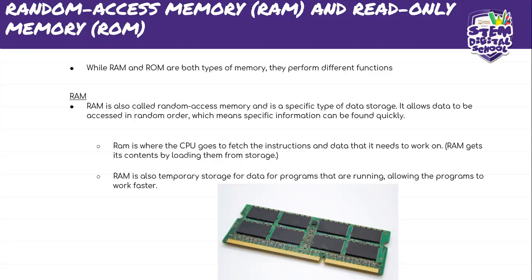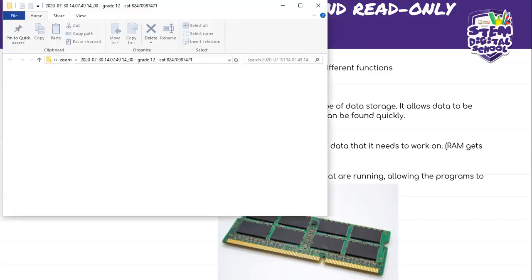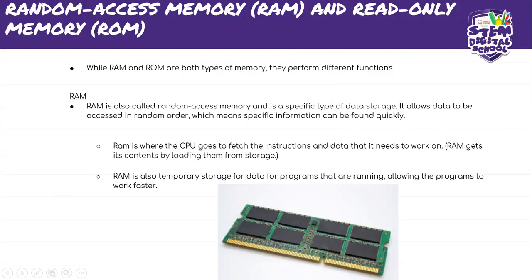As a user, when you are using a program, say when you are using Word, you want to type, you are typing, these instructions are saved on the RAM. While you are typing, these instructions are on the RAM. Then the CPU fetches these instructions to do the task.